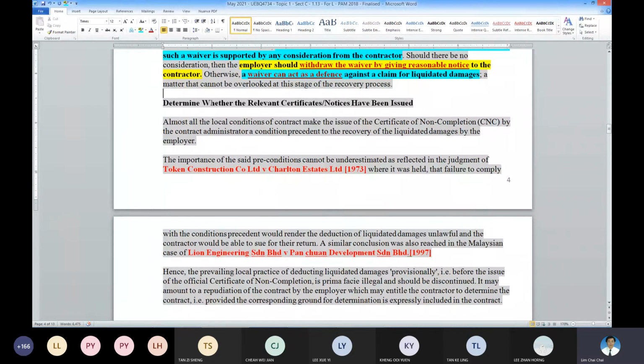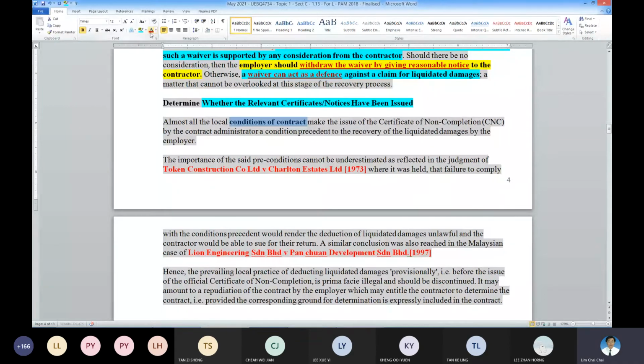So the procedure to be complied with. These are the steps to be complied with by the consultants generally. In most conditions of contract, what to comply? The architect must issue a certificate of non-completion.